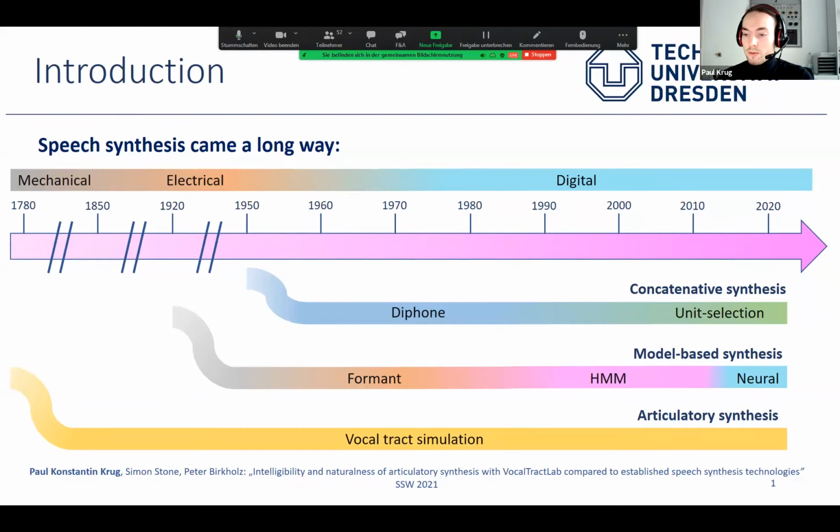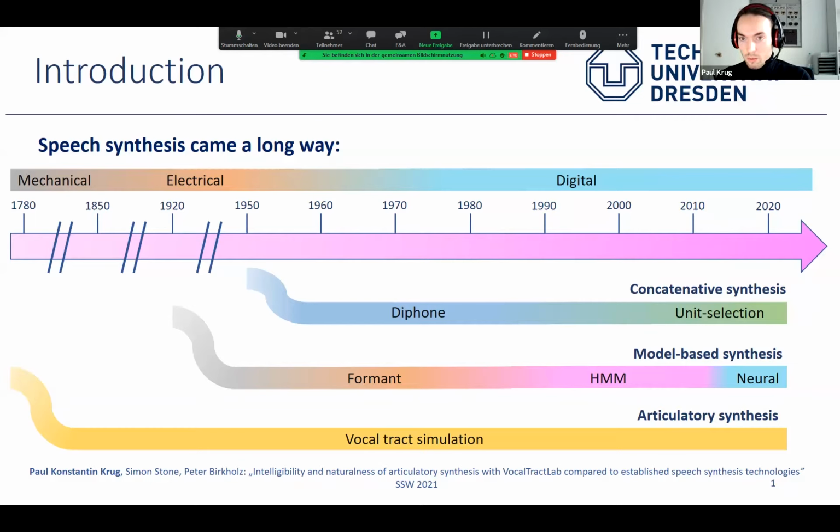Because of the high flexibility of the vocal tract simulation, you can easily turn neutral speech, for example, into emotional speech, or you can change the speed or the pitch of your synthesized speech easily compared to model-based approaches.